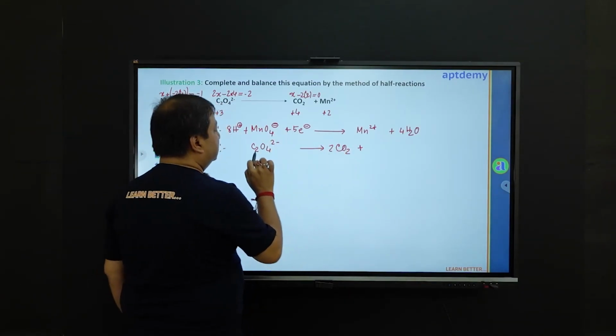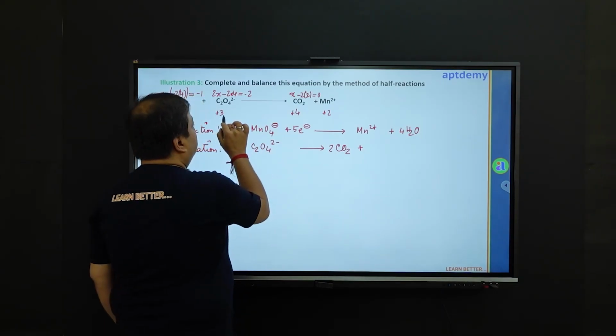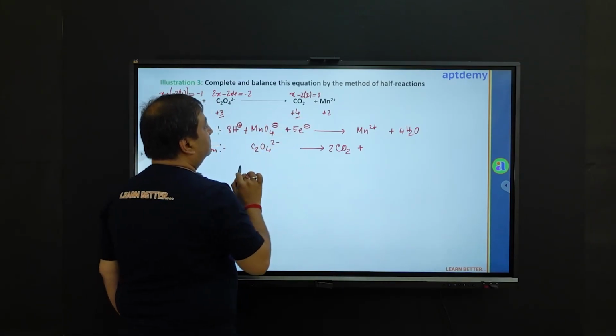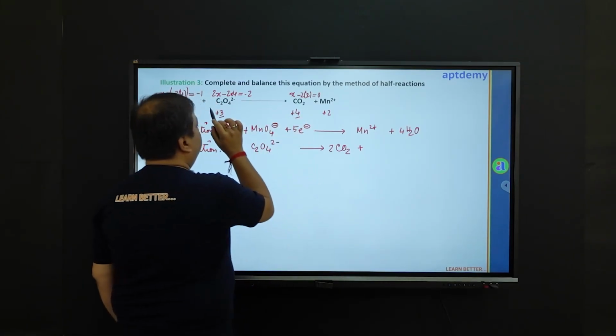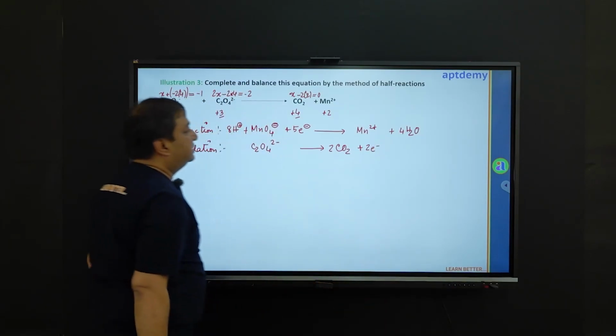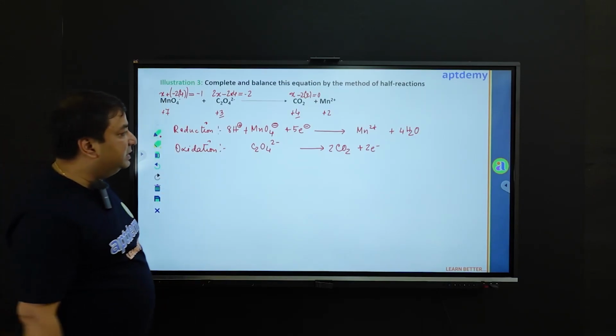Now we will do the electron balance. If it is in +3 and going to +4, two such carbon are going to +4 from +3 oxidation state. So obviously we will say there is a loss of 2 electrons. Now as we can see in both the equations, the number of electrons are not balanced.